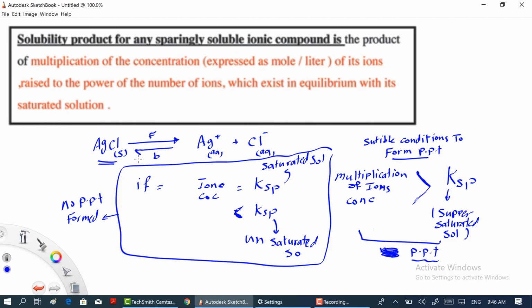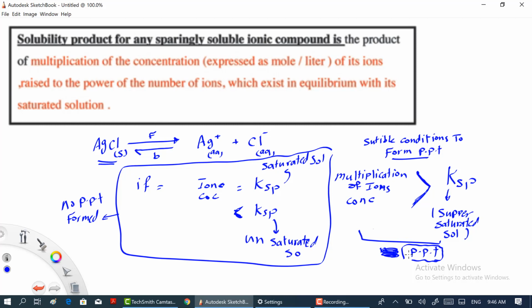If the multiplication of the ion concentrations is greater than the Ksp, we will find it is a supersaturated solution, so PbT is formed in the solution. In Arabic: when you have a saturated solution, the number of dissolved ions is greater, so we will find a PbT is formed.